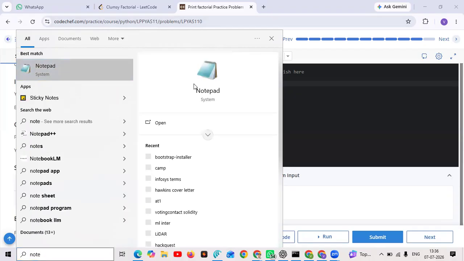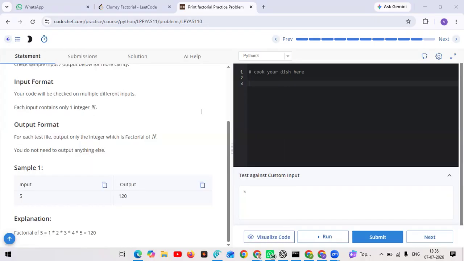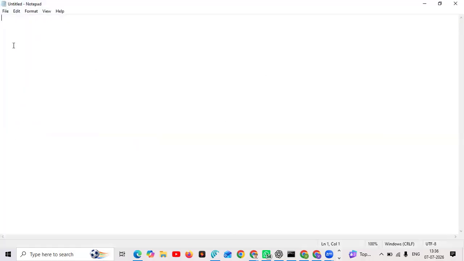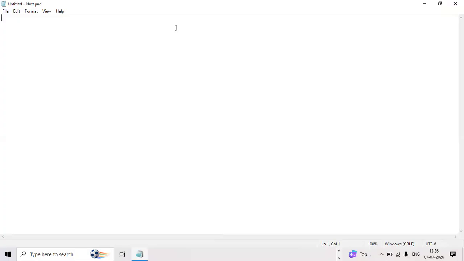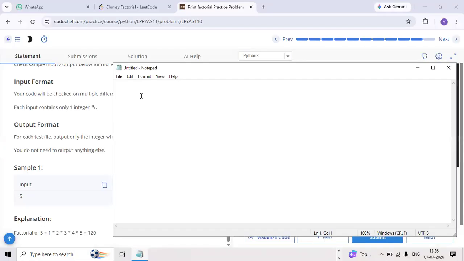See, from where would we start? Let us take an example: N is equal to 5.